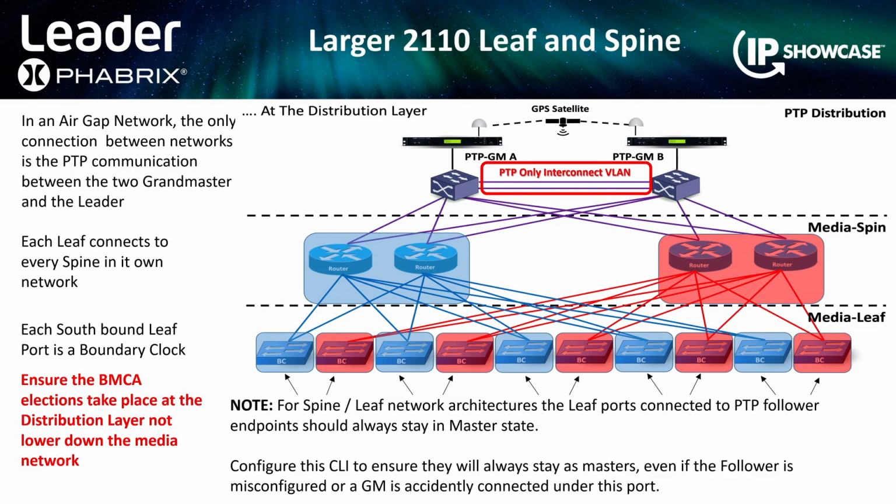And what you'll find is, within the various switch manufacturers, they have various command line prompts that allow you to stop devices downstream popping up and becoming the Grandmaster. So by default, these switches, when you buy them, will come with this switched off, because anybody who's done anything with 2110 will find that you buy a switch and basically all of the good stuff that we need is switched off.